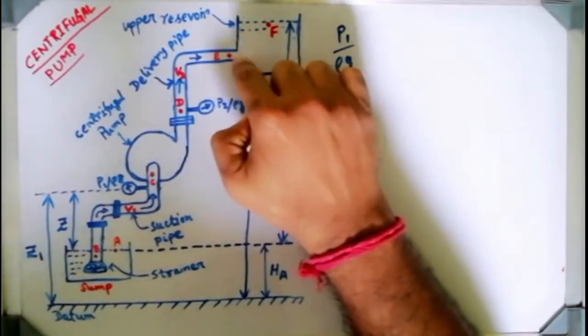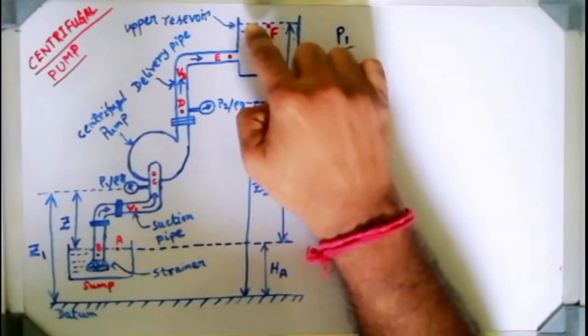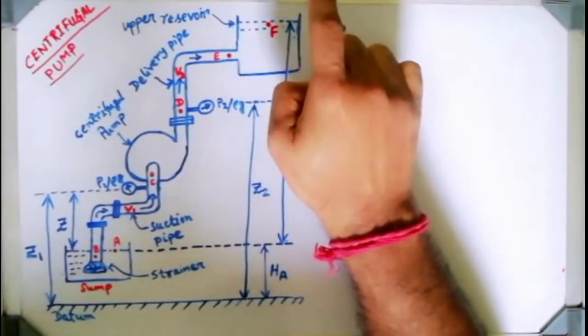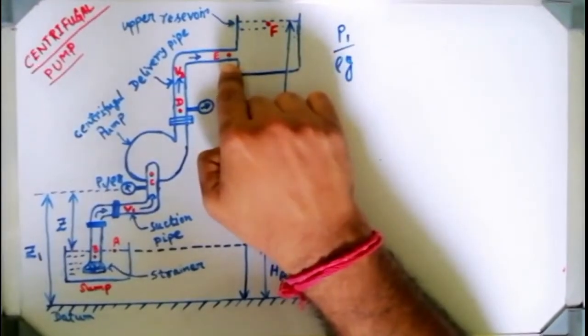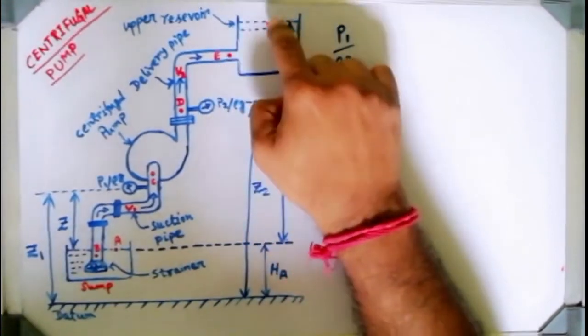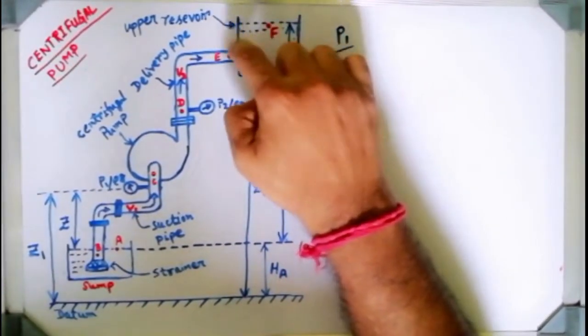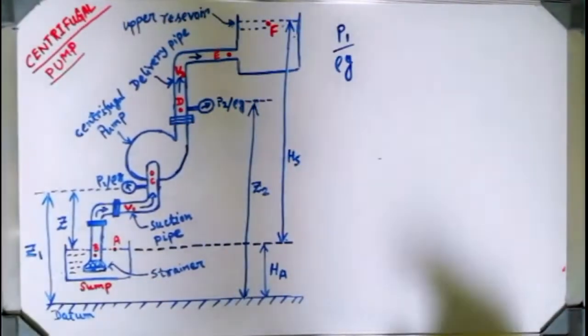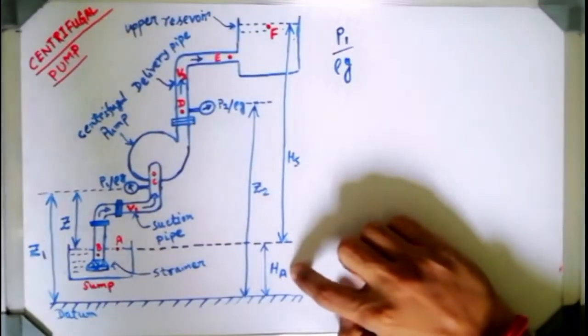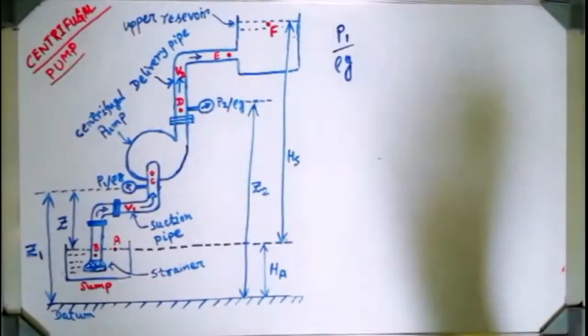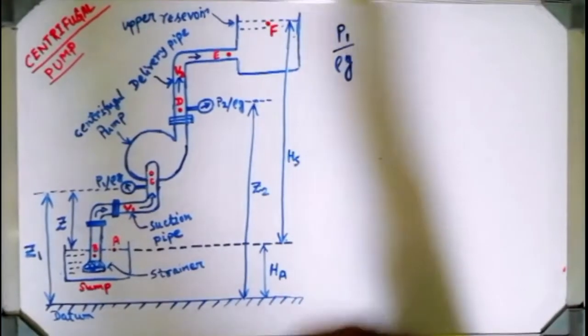Here at the inlet of the reservoir where you are going to supply the liquid, I have named it point E, and the point F represents the point on the top surface of the reservoir. Now see this H, representing the total energy, or you can say total head.